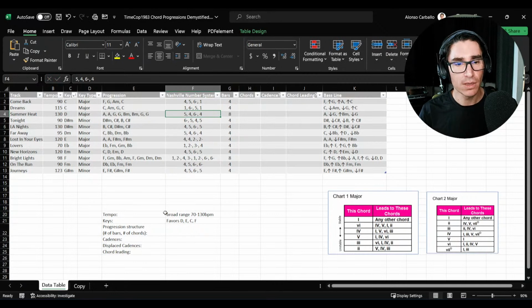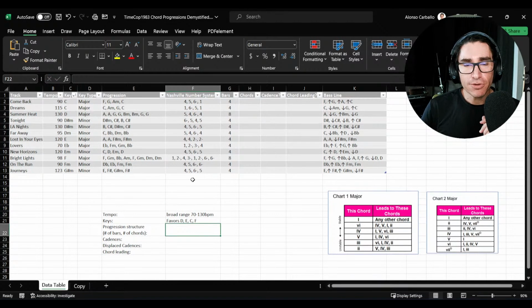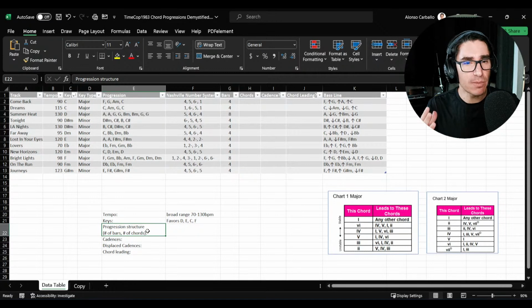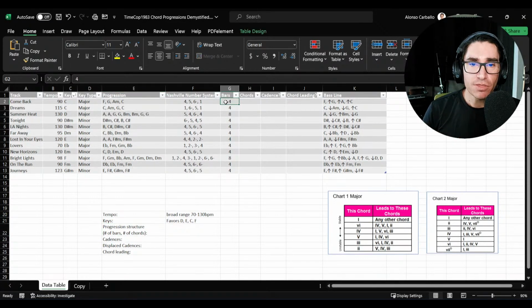Okay, cool. Again, I'll explain some more of this, and it'll become more apparent as we go along. The other thing is, in terms of progression structure, like numbers of bars and numbers of chords, what can we find here? First, these are the number of bars in each progression.